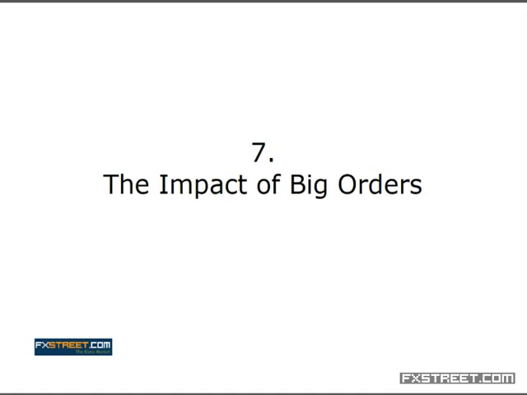That is the conclusion that we derive from those average numbers. So when we talk about the impact of big orders, we don't have to think about extraordinary orders, but orders which are simply happening all day long.